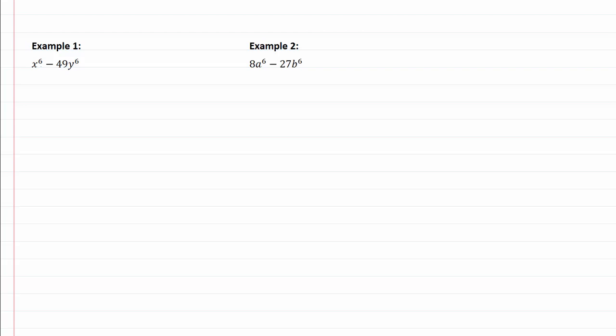In example 1, I have a coefficient of 1, which doesn't help me because 1 can be either a cubic root or a square root, but I also have 49. And 49 is a square. Since it's a square, we're going to be doing the square root, or in other words, this difference of squares.